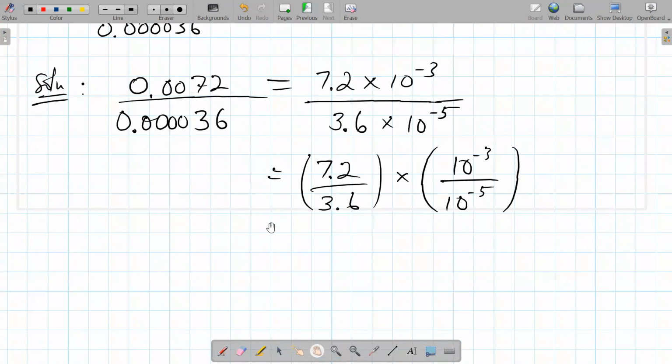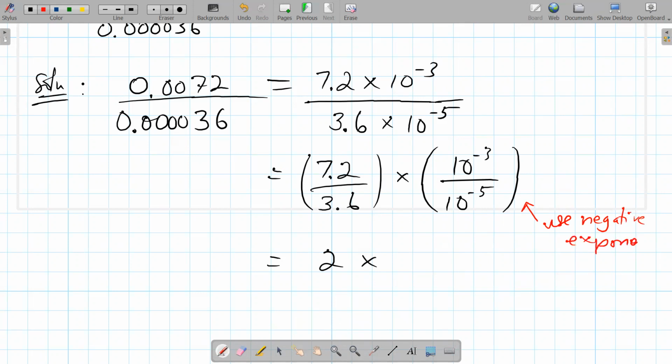Now 7.2 divided by 3.6 basically gives you 2. So this is 2 times. Now remember, here you have to apply negative exponents.